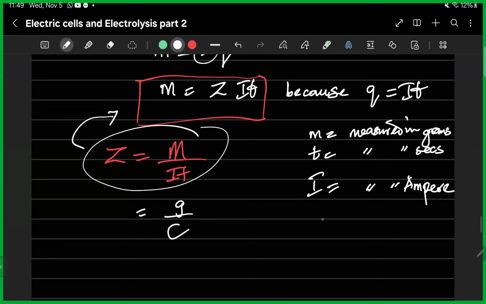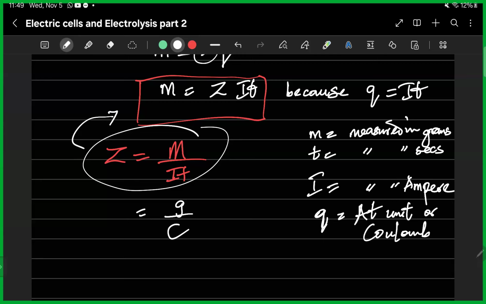Now Q is quantity of electricity, and Q is ampere times time. That's the unit, or coulomb. That ampere times time is coulomb.